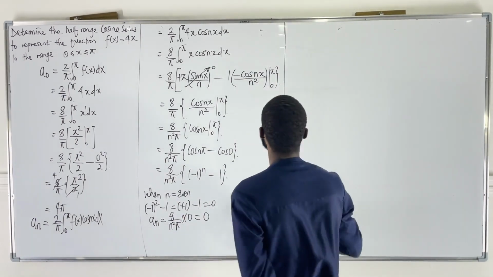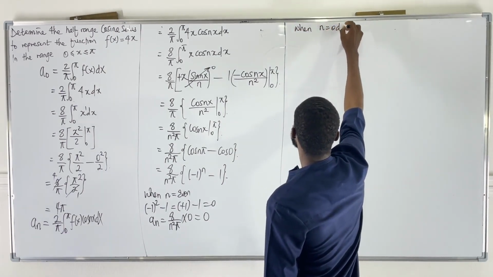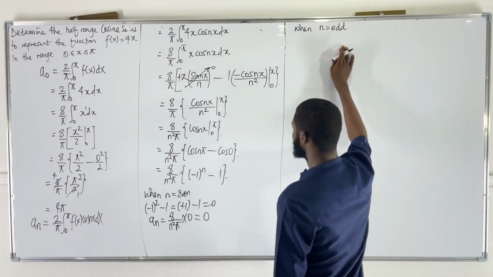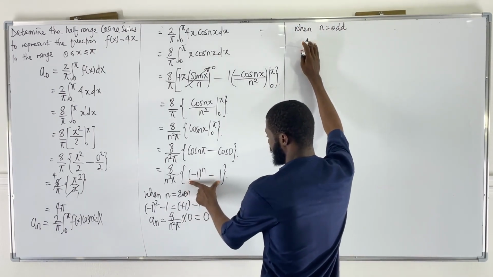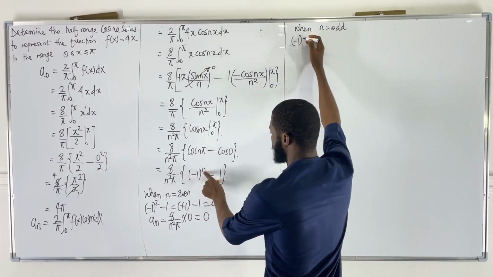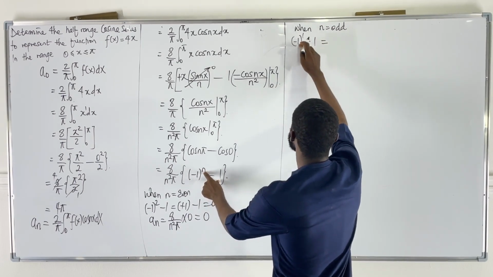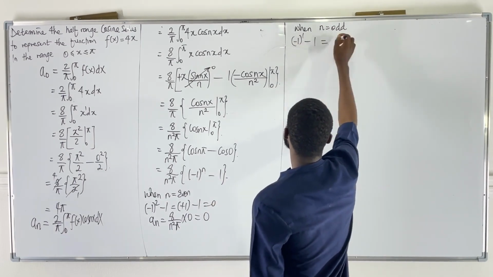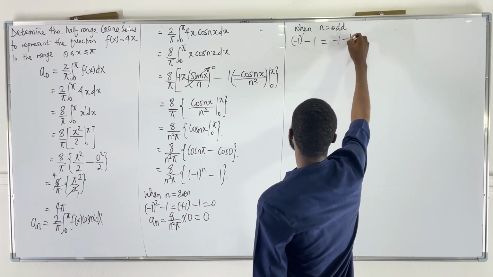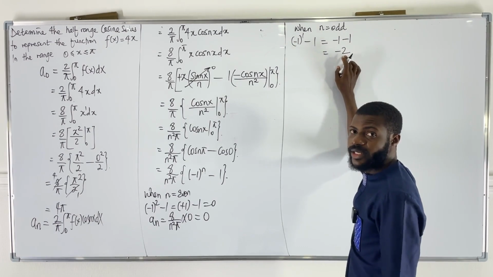Then next, when n is odd, I'm dealing with just the brackets. I want to see how the brackets will behave. So minus 1 to the power of, let's pick an odd number, 1, and then minus 1. Anything raised to the power of 1 is that same thing. So this is minus 1, minus 1, which is minus 2. So there's going to be an answer when it's odd.